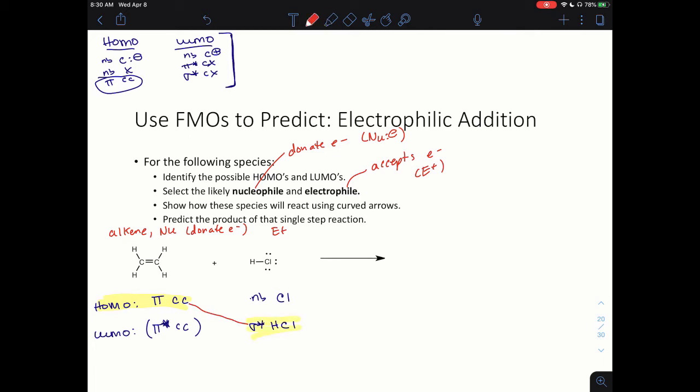Now you might say, well, okay, I can start the arrow, but then where do I point it to? Well, we can think about this in two ways. An antibonding orbital is bigger on the less electronegative atom, has a larger coefficient on the less electronegative atom. But you don't even have to do that, right?